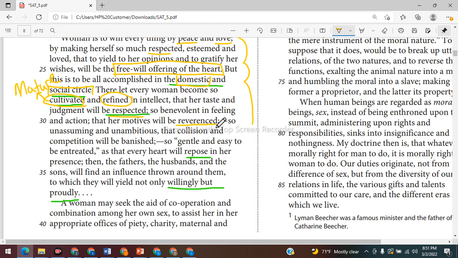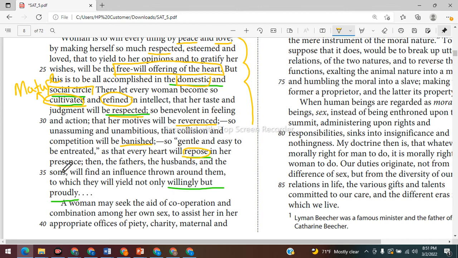Right? Wow. So unassuming and unambitious that collision and competition will be banished. So gentle and easy to be entreated that every heart will repose in her presence.